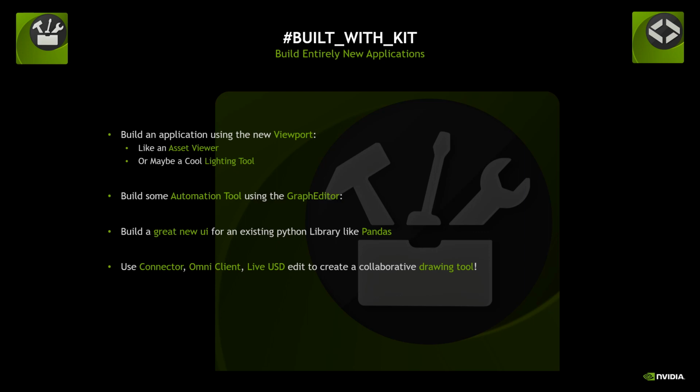See where it takes you, and I guarantee you will have a lot of fun. And then of course you have access to connectors. You have the Omni clients that connect to Nucleus. You have live USD editing, but USD can represent any data that you like. Why not create some great collaborative drawing tools that can be used by multiple different people across the world from different platforms? Just ideas to tease your curiosity about what you could build with Kit.